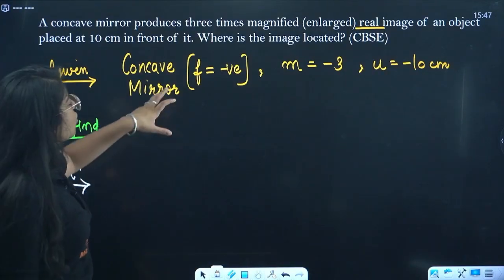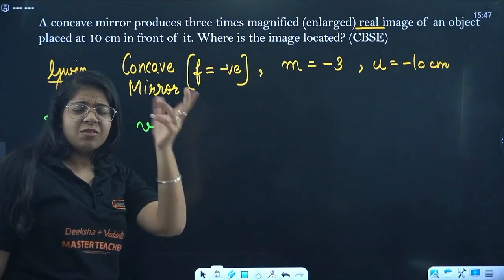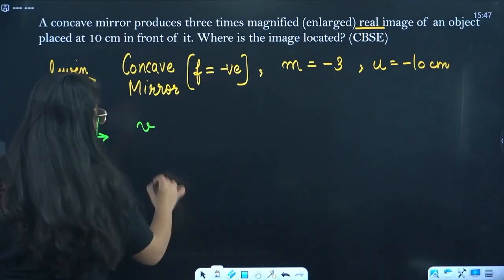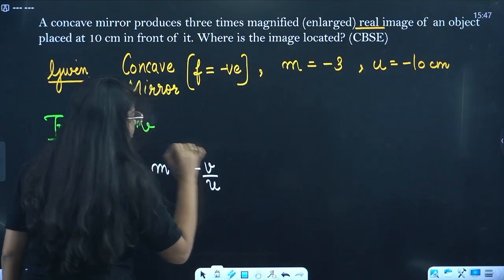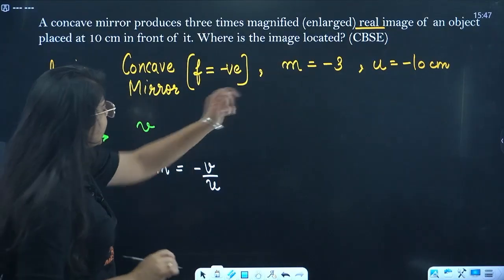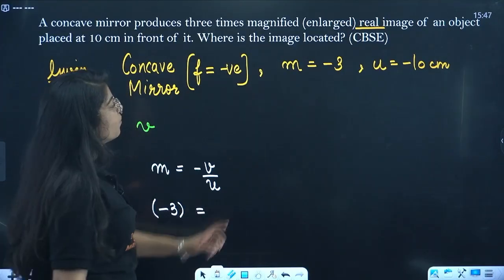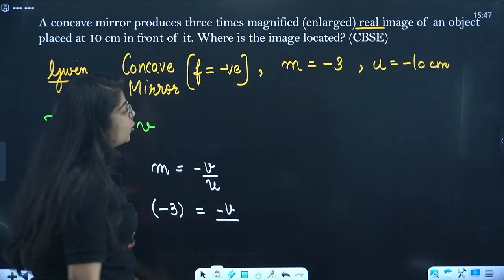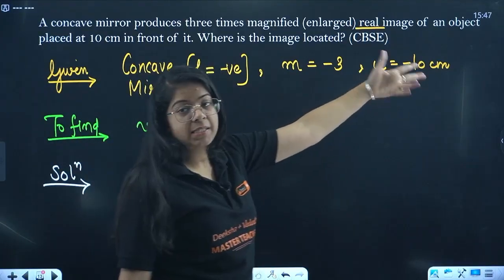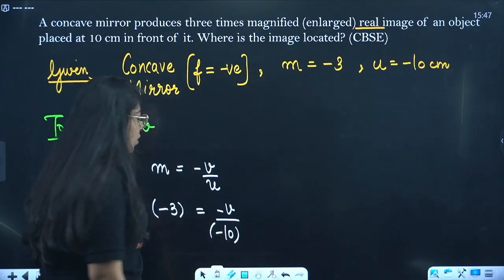Now beta, the solution is simply, I have magnification, I have u, I want to find v. I can use the very basic formula of magnification equals minus v by u. Understood? Now see, magnification is minus 3, right, equals minus v, I have to find v, and u is minus 10 centimeter, already given.